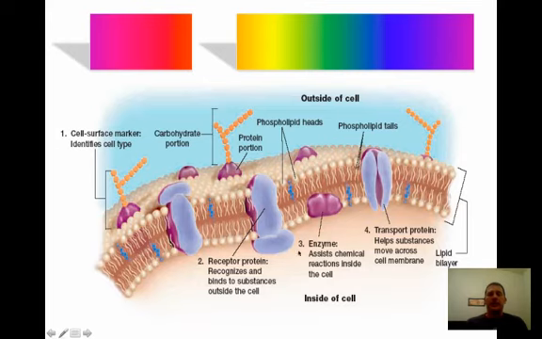Then once they bind to the receptor proteins, an enzyme is going to react with it to help speed up the reaction. And then you have what's called a transport protein, which is actually going to pull things in and pull things out. And it's going to do it through this channel right here. It's going to pull things in, push things out, depending on what it needs inside, what it needs outside.